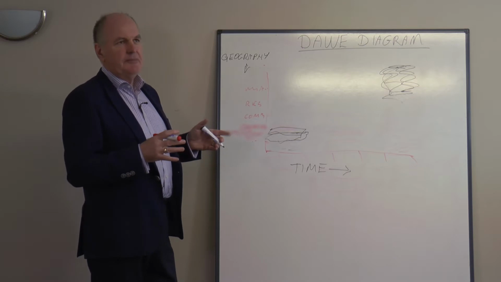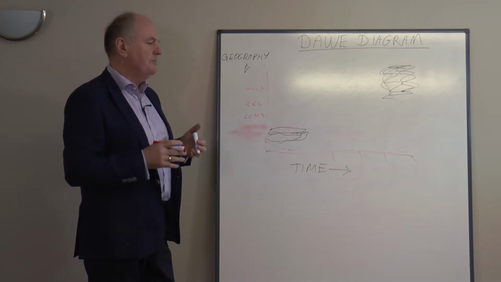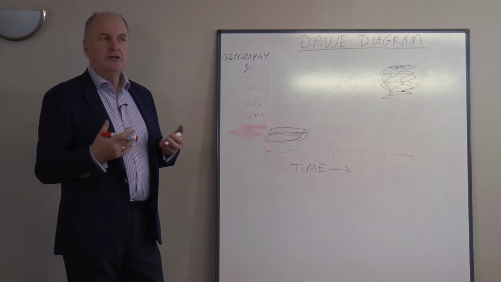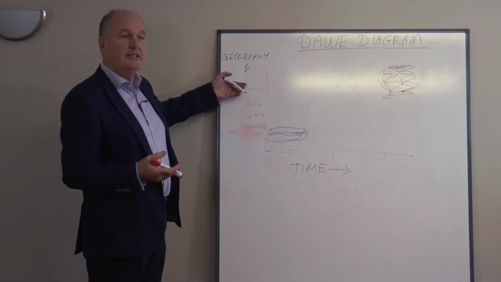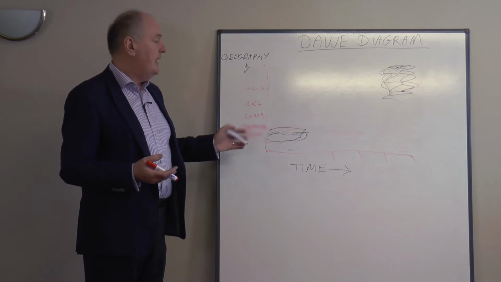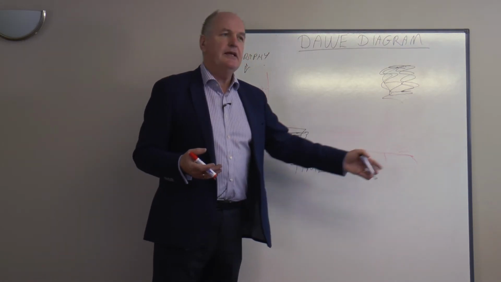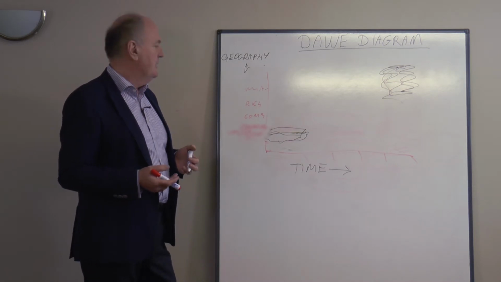Using a Dawe diagram allows you to see clearly where these divergences go. A Dawe diagram can be used in the corporate sense, where you can look at your employees, your shareholders, your customers, and society, and look at your decisions in terms of time.